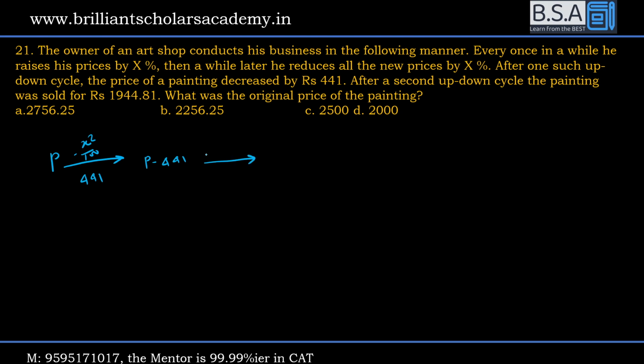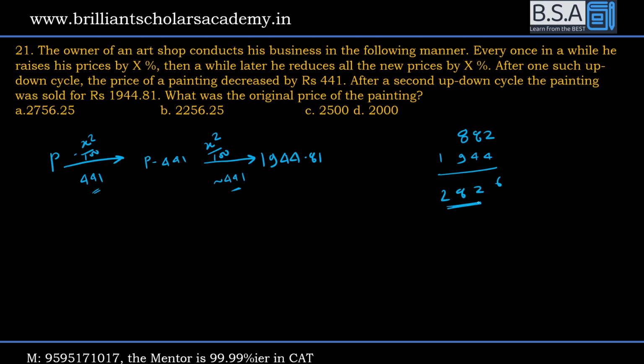Again, there is X percentage increase and X percentage decrease, X square upon 100. And the final price is 1944.81. Now, see, if I imagine in a similar manner, I'll say add 441 twice. So you are basically adding 882 to 1944.